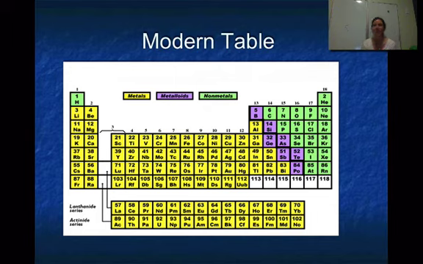Oxygen can either lose 6 or gain 2. It's going to gain 2 to be a -2. So that's oxygen, sulfur, selenium, like that. The halogens, okay, 17, they could either lose 7 or gain 1. They're going to gain 1 to be like your noble gases.